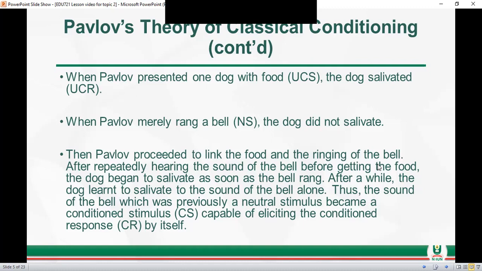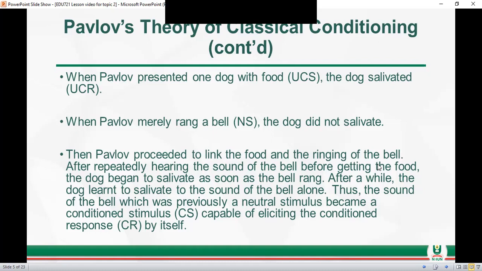The first one was he presented the food and the dog salivated, which is natural. It's a natural occurrence. It's a natural response. It's a reflex action. It's just like you step your foot on a nail or bottle and you feel hot.